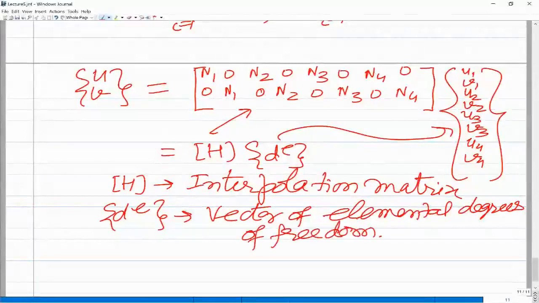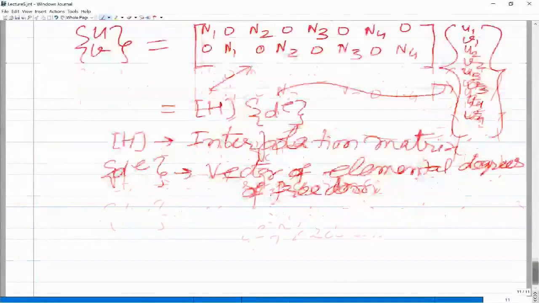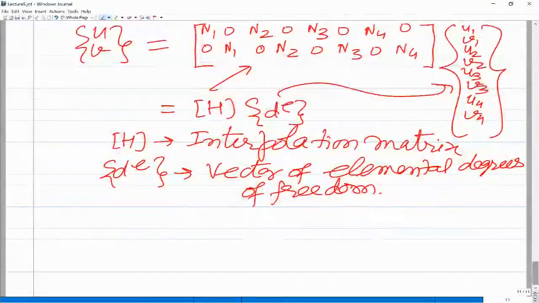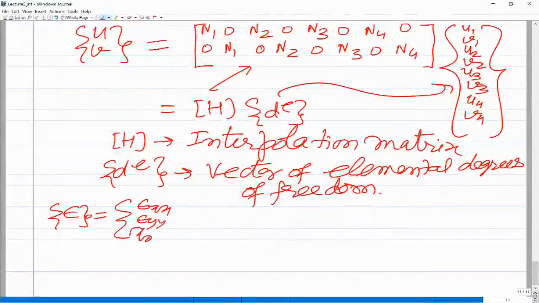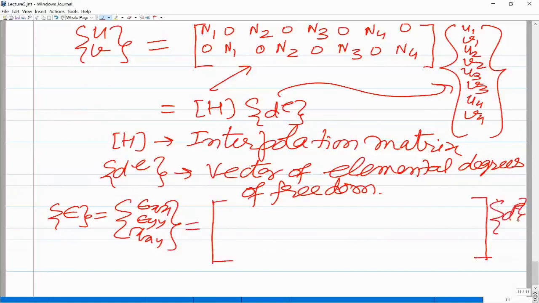Okay, so now u and v are written in terms of H and DE, in terms of the shape functions. Now we also require strain. So epsilon is nothing but your epsilon xx, epsilon yy, and gamma xy. These also we want to write in terms of derivatives of the shape functions and the DE.